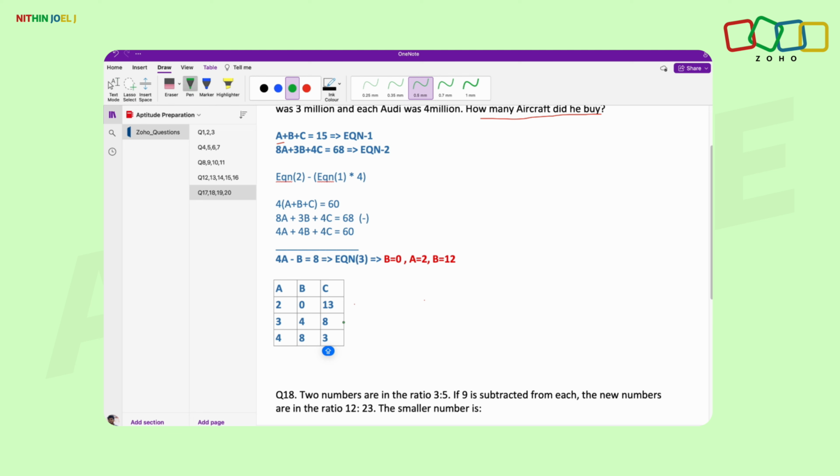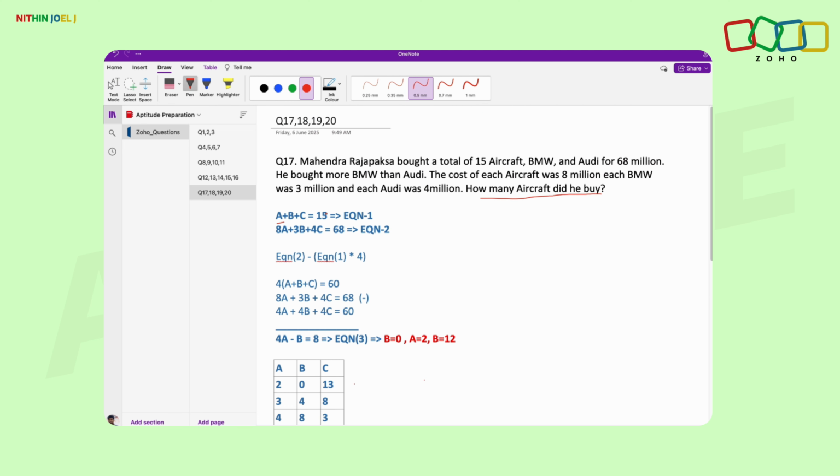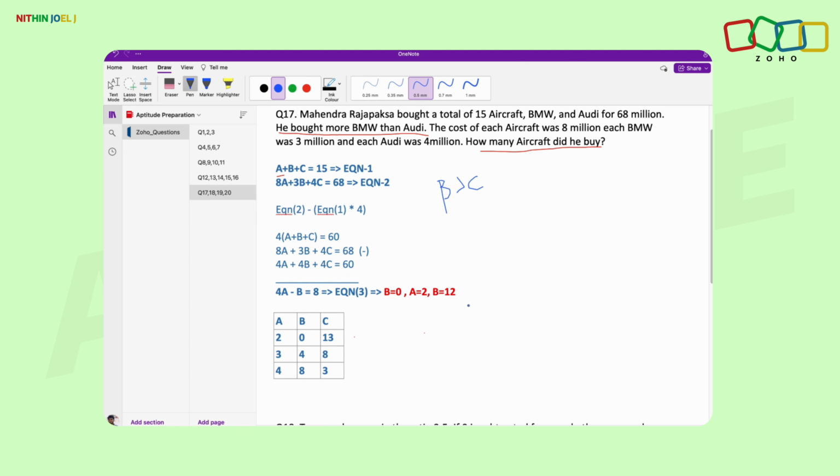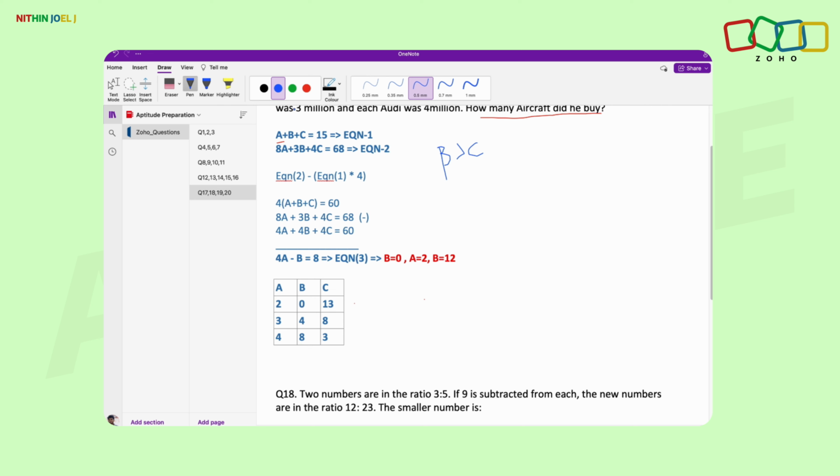So in this case, we have to look into the other statement given in the question, which says that he bought more BMW than Audi, which means B should be greater than C. Now if we check this condition, we have B is equal to 0 and C is equal to 13, which is not satisfying.